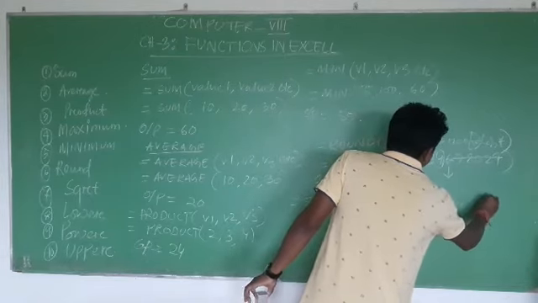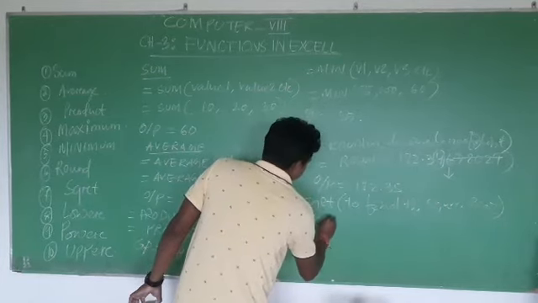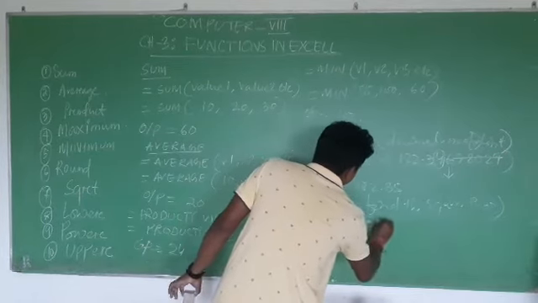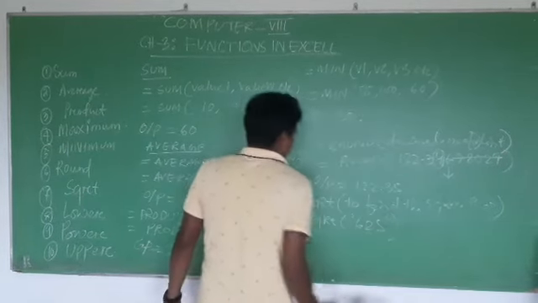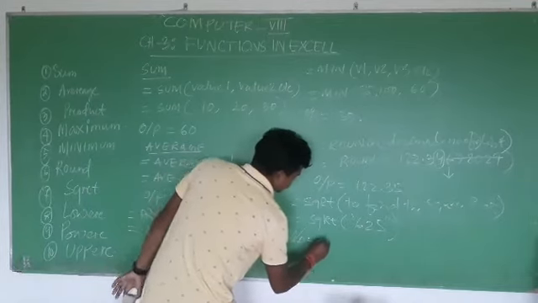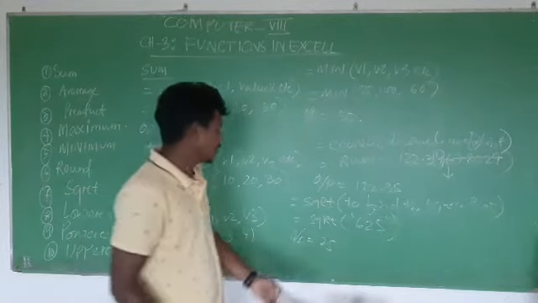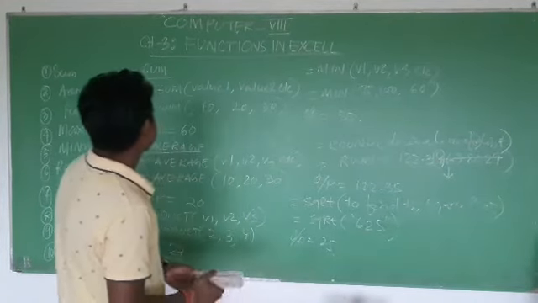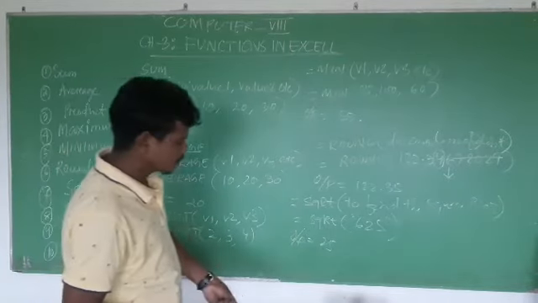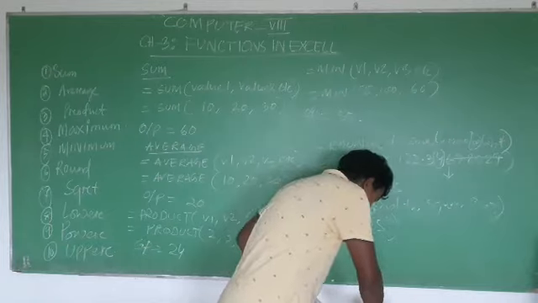You may write it like this: SQRT of 625. The output will be 25, because the root of 625 is 25. This is all about how to calculate using functions in MS Excel.